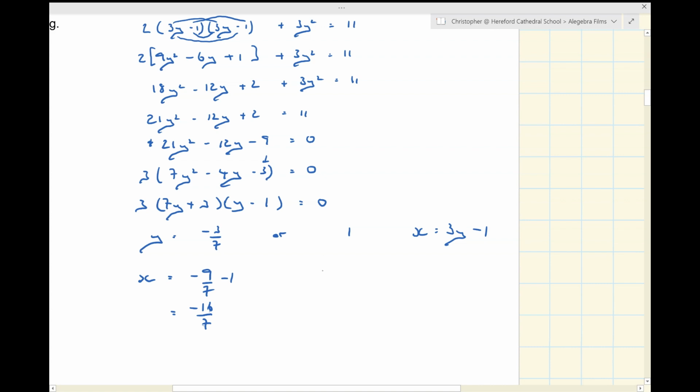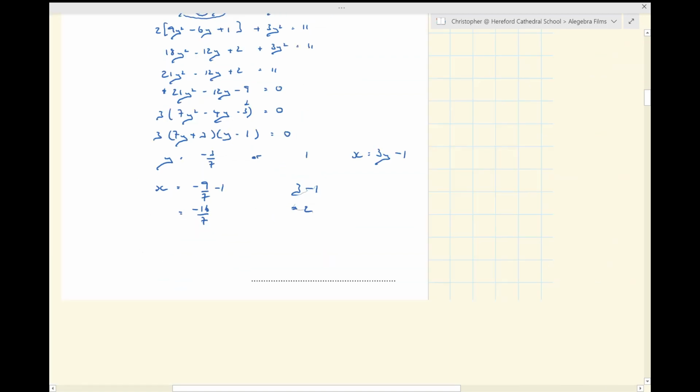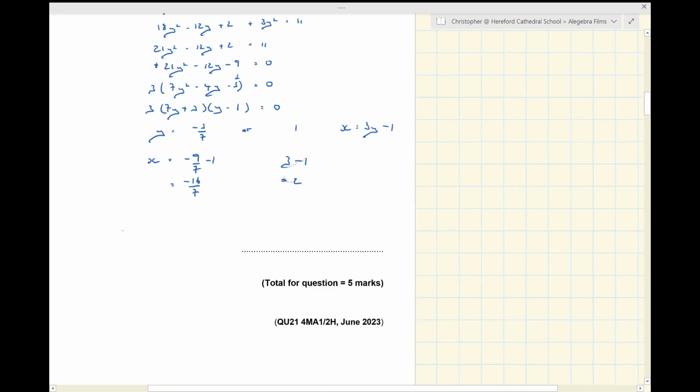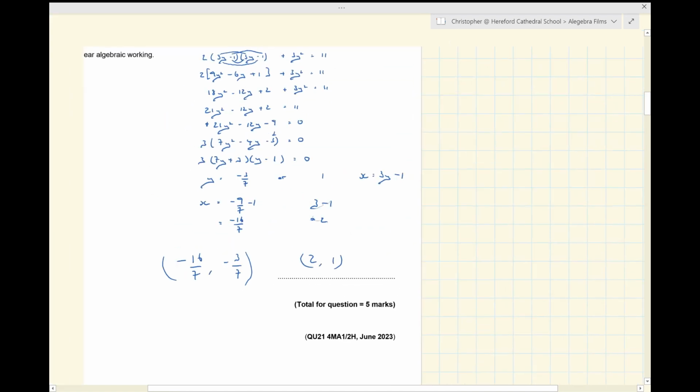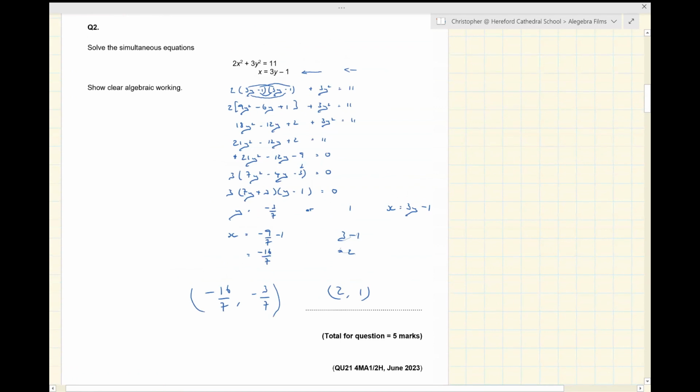Or if y is 1, then x is 3 times 1 minus 1, which gives me x is 2. So my two solutions are that x is minus 16/7 and y is minus 3/7, or that x is 2 and y is 1. And that's the second question sorted.